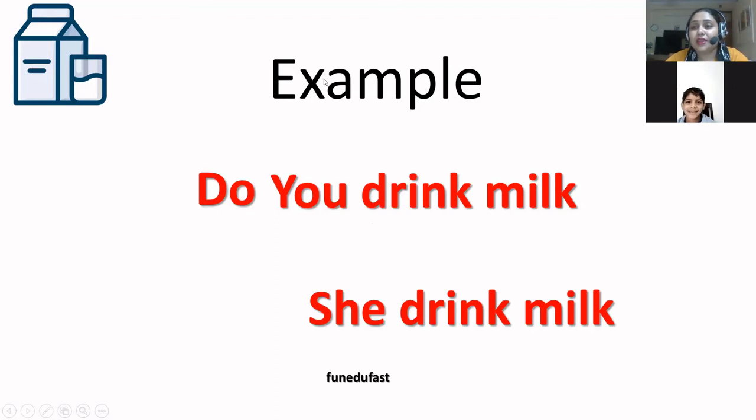Whenever we make any interrogative sentence, we will put do or does at the beginning of the sentence. ठीक है? सेंटेंस के स्टार्टिंग में हम do ले आएंगे. Do you drink milk? अभी भी यहाँ पर कुछ मिसिंग है. बताओ क्या मिसिंग है और क्या आना चाहिए?